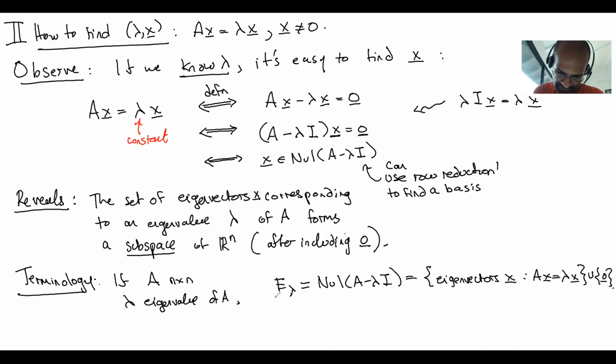And this is sometimes called an eigenspace. Okay, so given an eigenvalue, it's pretty easy to find the eigenvectors. They're just null spaces of shifts of A. And they form subspaces if you include the zero vector. So let me just illustrate this definition with an example.